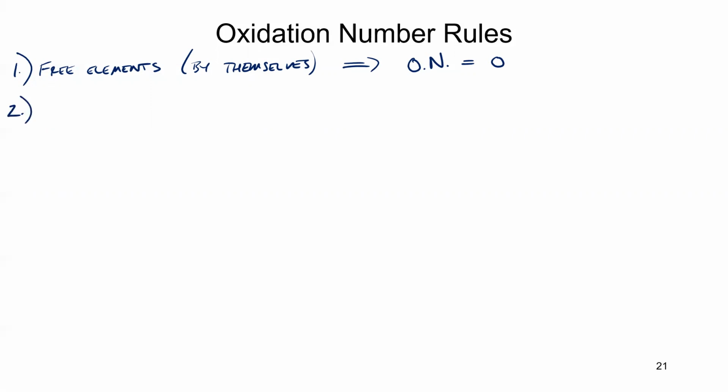If we have an ion, so Li+, Al3+, S2-, if we have a monatomic ion, right, so one atom, monatomic ion, the oxidation number equals whatever the ion charge is.